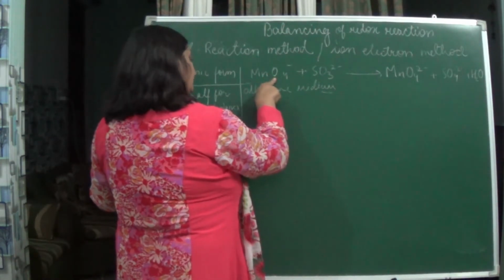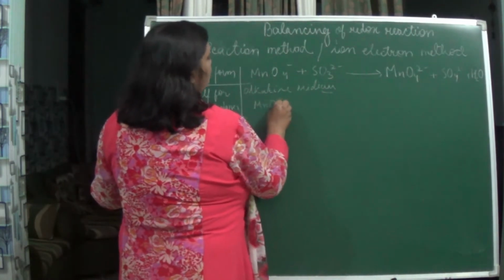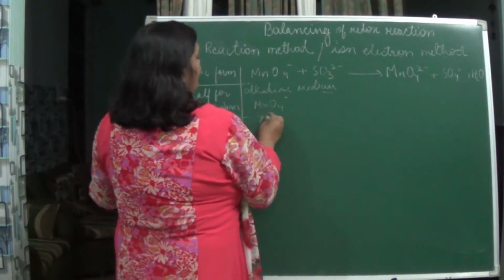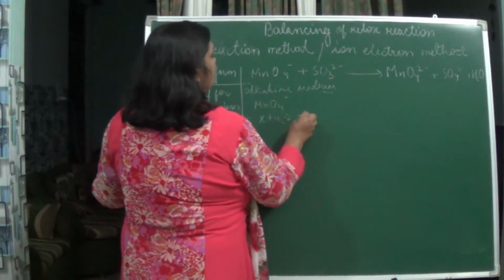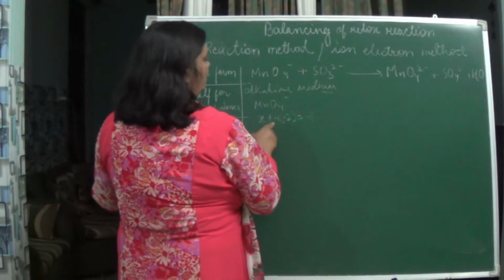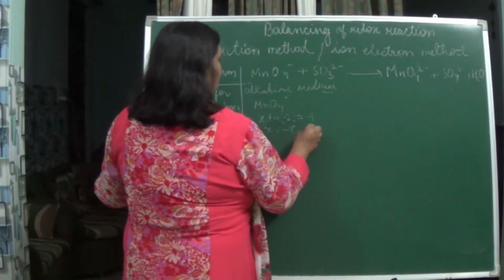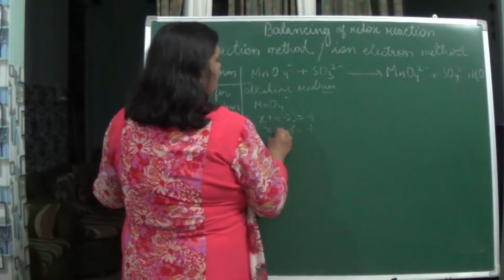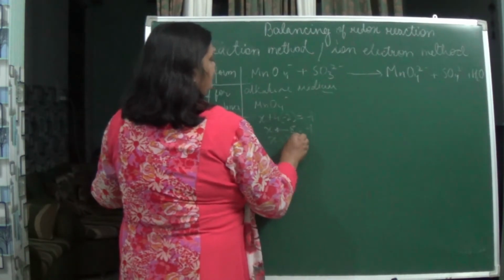So if you are taking out the oxidation number of MnO4 minus, it will be what? X plus 4 into minus 2 is equal to minus 1, isn't it? And here it becomes, so what? X minus 8 is equal to minus 1, and then X is equal to what? Here it will be plus 7.